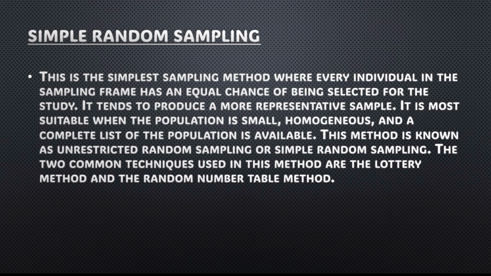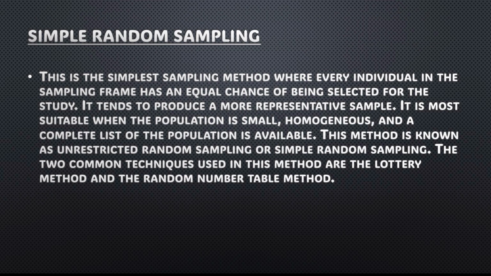Then we will mix all those chits and take 10 numbers randomly from those chits, and those 10 people are selected for our study. As it is a type of probability sampling, you can see that every individual in the study has equal and known chance of getting selected.